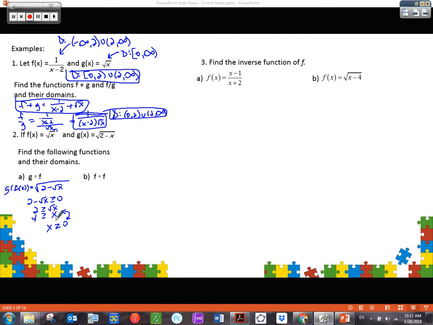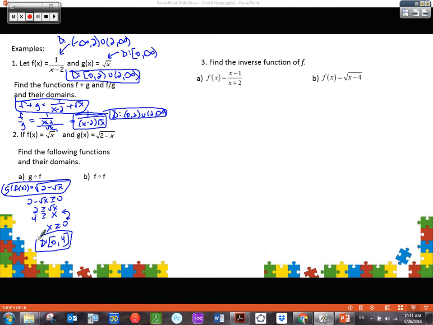So x needs to be smaller than or equal to 4, and x needs to be larger than or equal to 0. That's a very small area, isn't it? I'll stick with interval notation for just another round. So our domain would start at 0 and include 0, and it would go to 4 and include 4 and stop. So here's our composite function, and here is our domain. Okay, we okay with that?